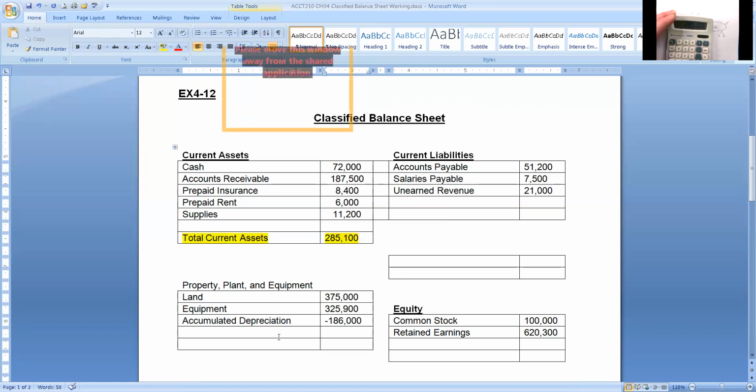Current assets. But let's set up the current liabilities. So total current liabilities, $79,700.